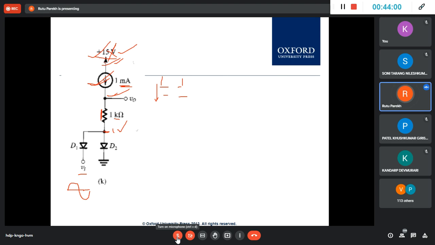Now we have reduced our circuit. If you talk of the positive half, which is appearing here, then will D1 be forward biased or reverse biased? Negative side, reverse bias. Positive side.